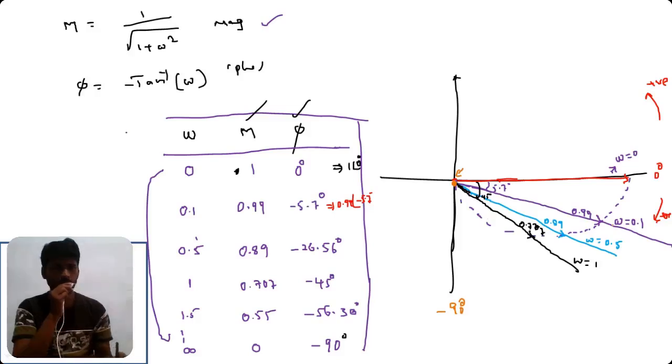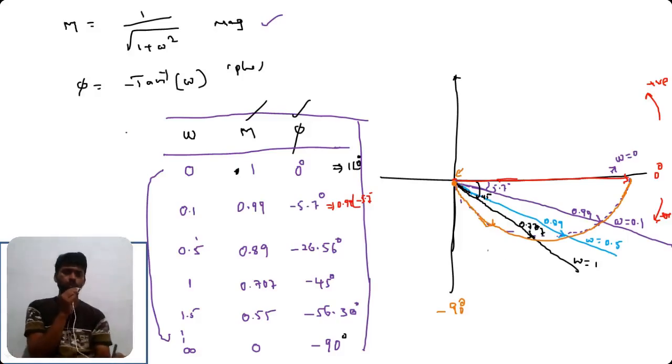If you draw the tips of all these phasors and combine them, we will get a plot like this. This plot is known as a polar plot.